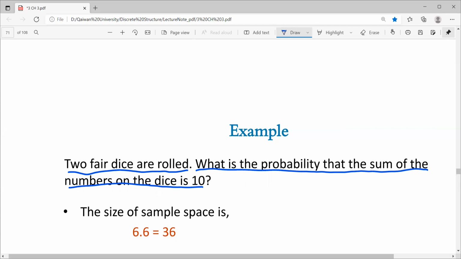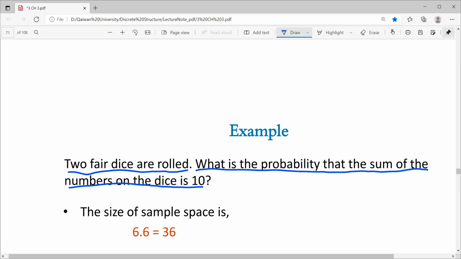3, 5. Okay. 4, 6. That's 2. No, it must be 4. How? It must be 3. Sorry. How? Yeah. We have if the first dice is 4 and the second is 6.